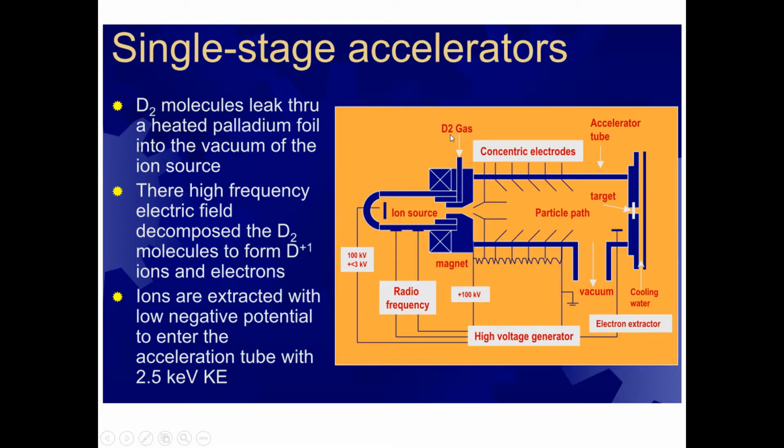So what happens with the D2 molecules? The D2 molecule leaks through a heated palladium foil into the vacuum of the ion source. This is the vacuum of the ion source.